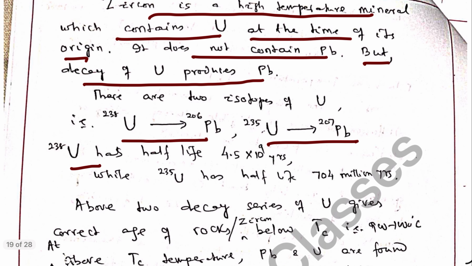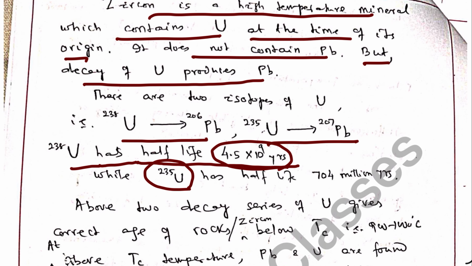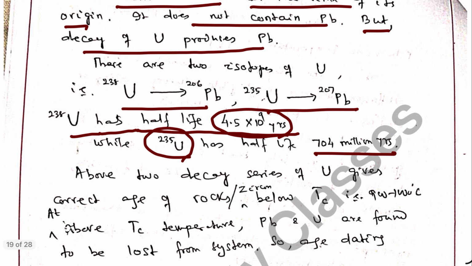Uranium-238 has a half-life which is greater than the half-life of decay of U-235. In case of U-238, the half-life is 4.5 × 10⁹ years, whereas in case of U-235, it is about 704 million years.